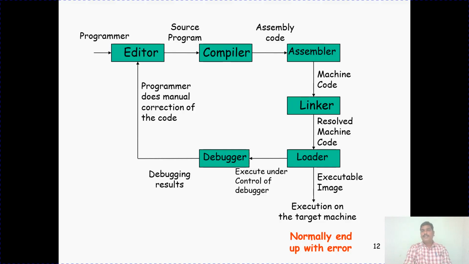Our module is language processors. If you are asked a question in the JNTU final examinations, mainly you have to draw this diagram and explain each one. These are the tools and components of the language processing system.